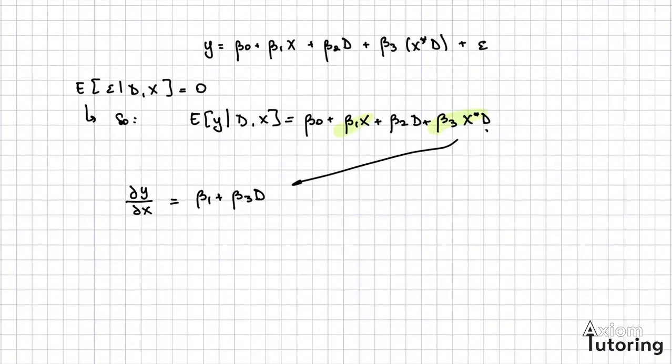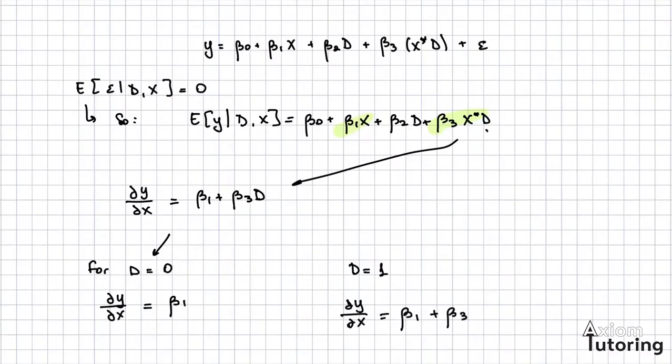Okay. Now, let's evaluate this by group. So this was the marginal effect. If we evaluate this for d equals 0, then this derivative is simply beta 1. Okay, in the other case, when d is equal to 1, then this derivative becomes beta 1 plus beta 3.